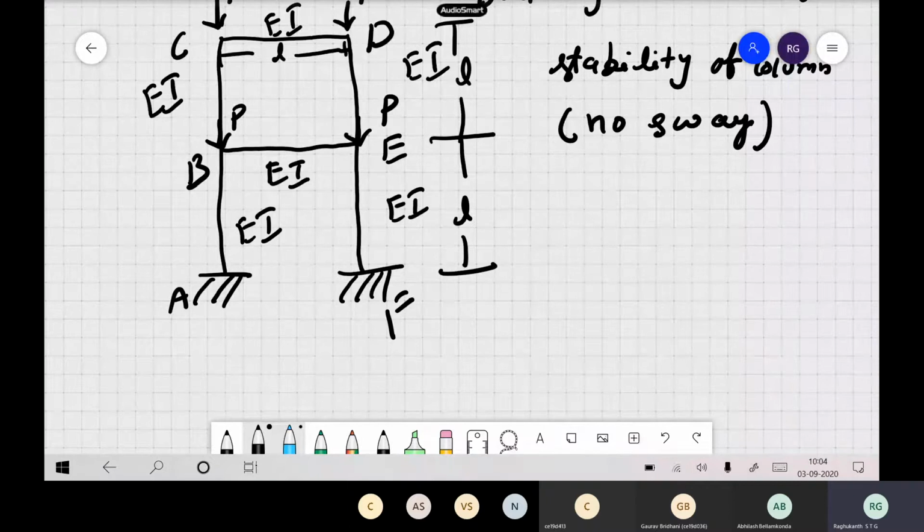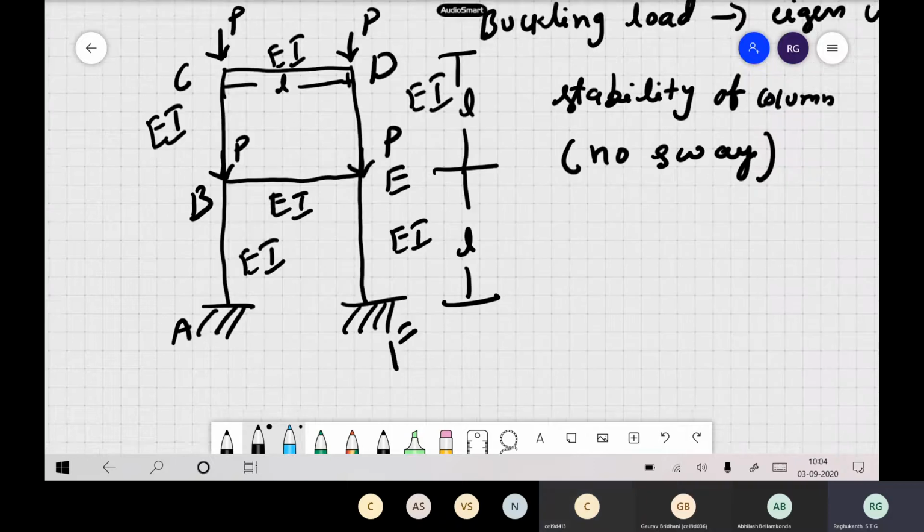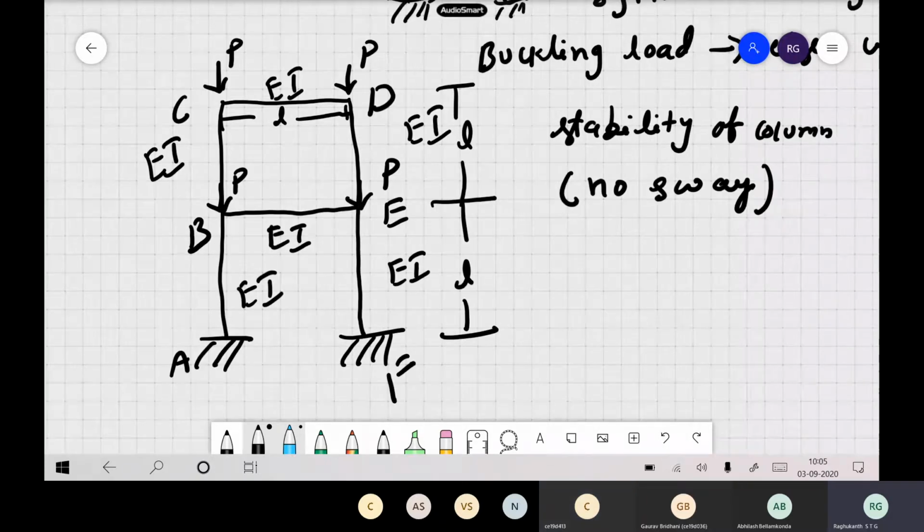What is the first step? You have to write slope deflection equations. But to write them, you have to decide what the independent variables are.